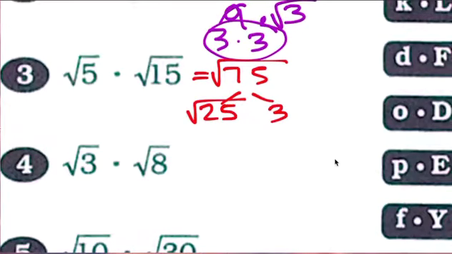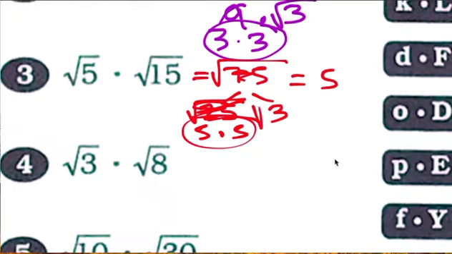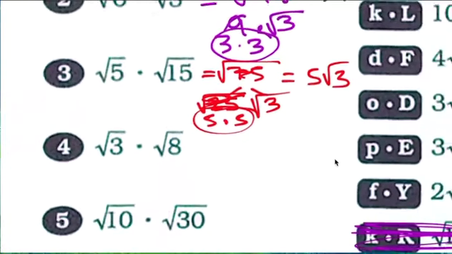Square root of 25 is just automatically 5. If you want to, you can just put 5 times 5 and notice one pair with one left over, square root of 3. Okay, whichever way you see it.